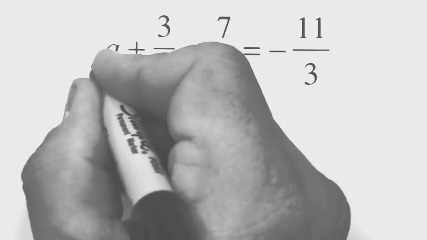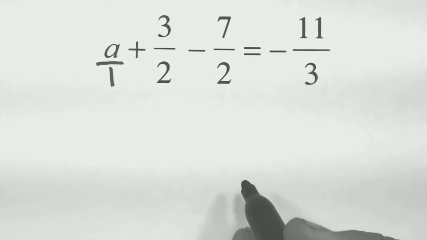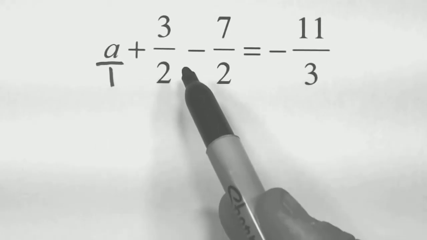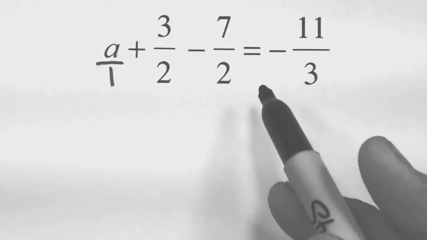So, to try and make you remember that, here's what I like to do. Make a fraction out of anybody that's not a fraction simply by putting a 1 underneath. Now it looks like a fraction, and hopefully you remember that, yeah, you have to multiply it by the LCD just like everybody else.